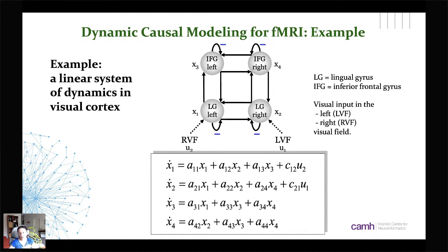Now, the assumption with DCM is that neuronal activity can be summarized by the mean activity in that region. So therefore, each region is represented by a number.